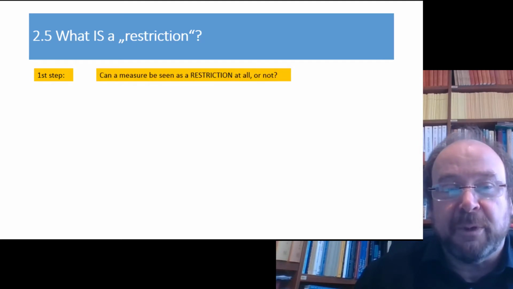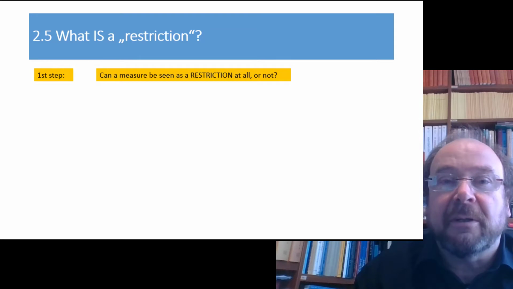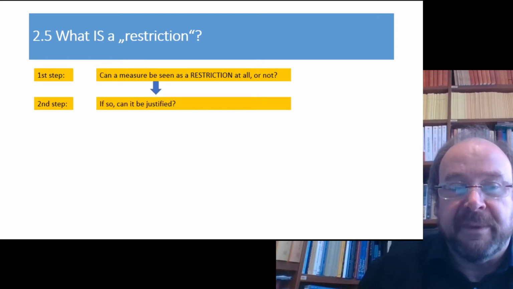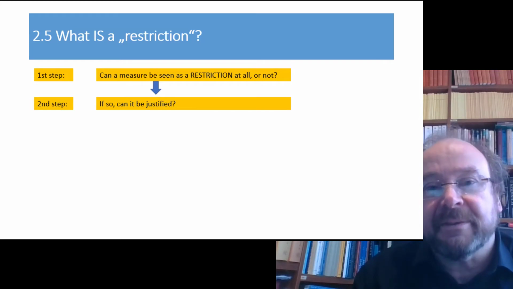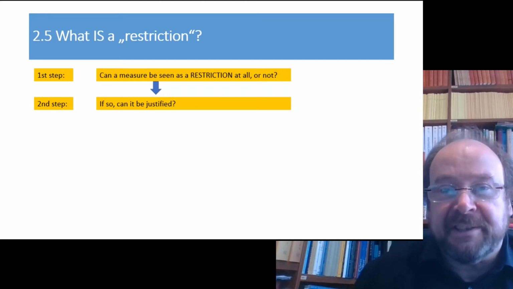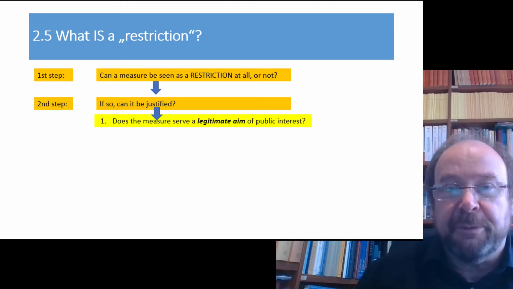The first step will simply be, can a measure be seen as a restriction at all or not? Then, if it is a restriction, then and only then you enter into the test if it can be justified and is so implicitly tolerated by the treaty.